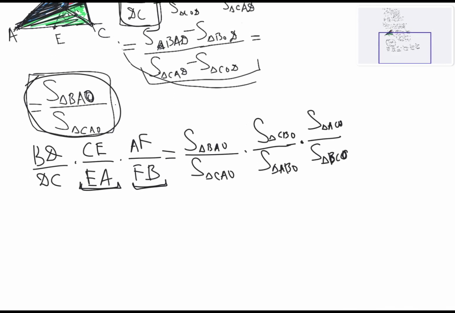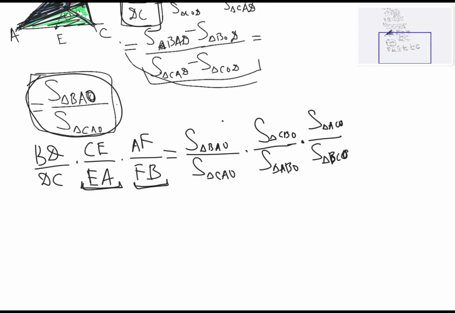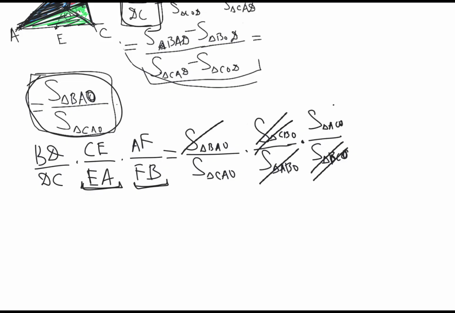So this area and this area cancel each other. Then CBO and BCO, this is the same triangle, and finally ACO and CAO, this is the same triangle. So they all cancel each other, and we get 1.